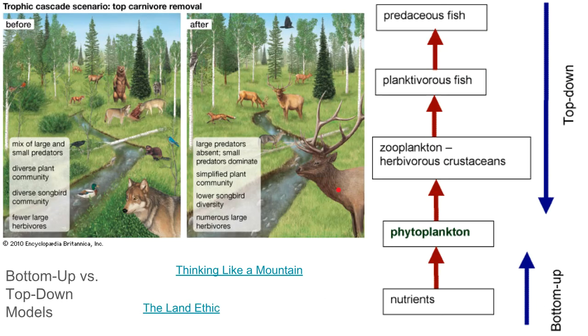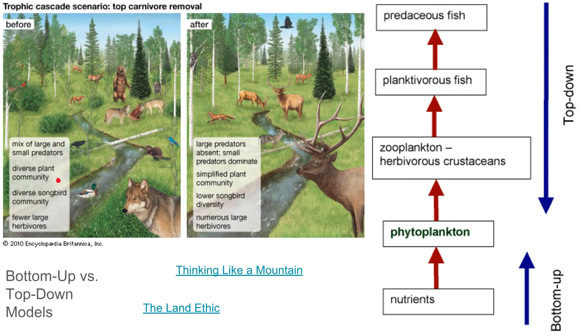So this gets us back to Aldo Leopold and thinking like a mountain and the land ethic, when we start talking about how removal of one thing from an ecosystem affects everything else. So if you take out a top carnivore, you have a different scenario once it's removed. When the top carnivore is here, this wolf, you have a mix of large and small predators.